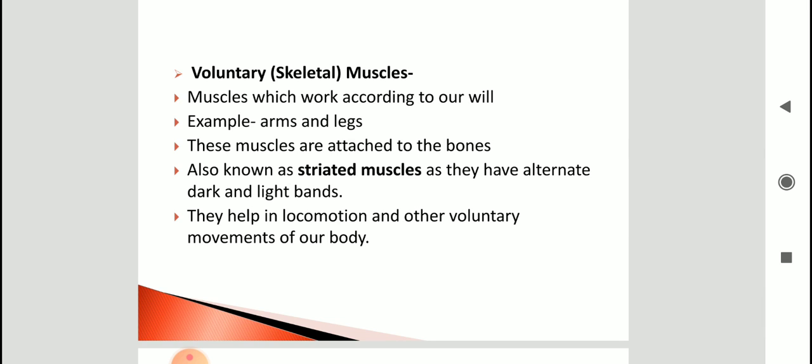For example, we can move our arms and our legs whenever we want to. So, the muscles in the arm or in our legs come under voluntary muscles, right? We call them skeletal muscles because they are attached to the bones.